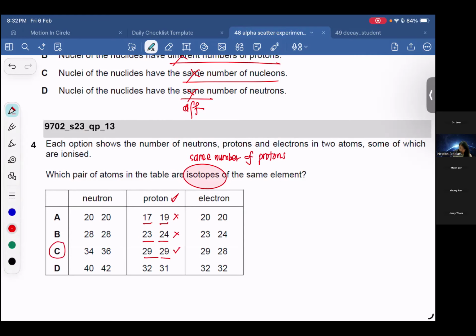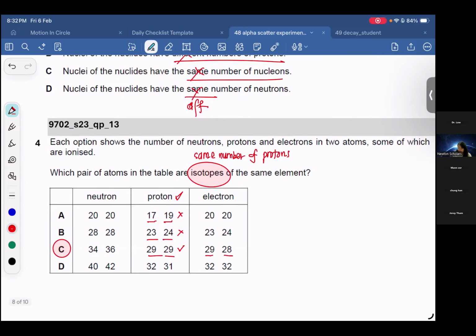Answer is C. Okay. Then why, teacher, you said that the electron must be the same as the number of protons? Why is this answer C correct? Dear, some of which are ionized. So it might lose electrons or it might gain electrons. Ionize means lose or gain electrons.